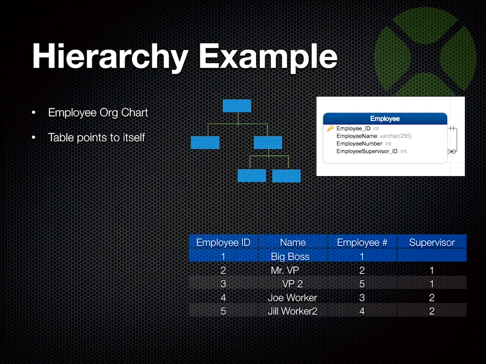So in this case, the supervisor is also an employee, so the table basically points to itself. So that's your hierarchy. As you see in the example data, the person at the top doesn't have a supervisor ID because they don't have a supervisor. And each of the people below that point to the record above them as their supervisor.